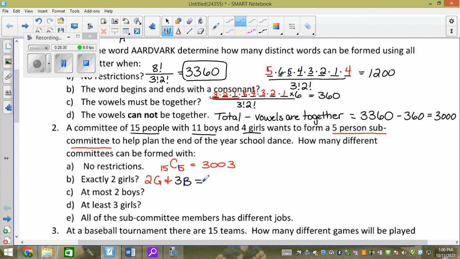Choose girls from girls, boys from boys, just like you would choose principals from principals, vice principals from vice principals, presidents from presidents, secretaries, defense, forwards. Whenever you choose from the exact same group, it's always a combination. So there are 4 girls choose 2, times 11 choose 3. You can get your own answer. Don't leave them like that on the test. Figure them out. I'm just running out of time, so I want to be able to get through the whole thing.